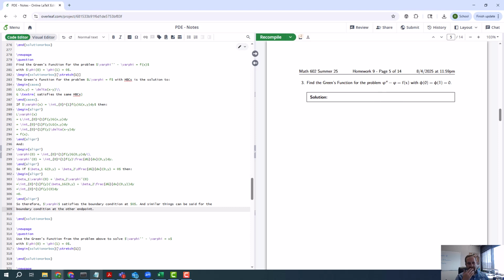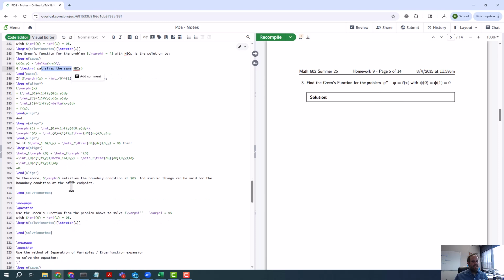So in other words, if G satisfies this problem right here, then phi defined by this expression is going to satisfy this problem with the same homogeneous boundary conditions that G satisfies.